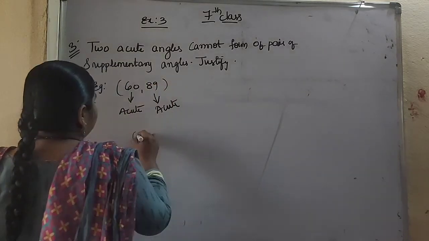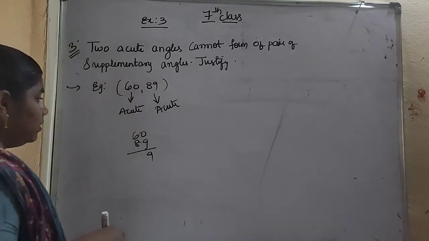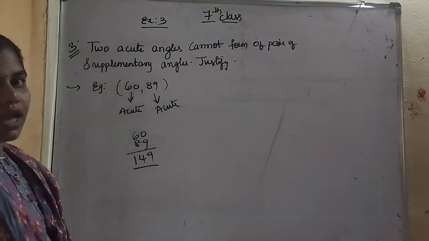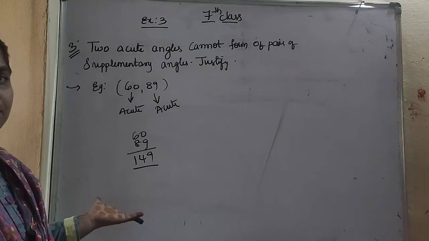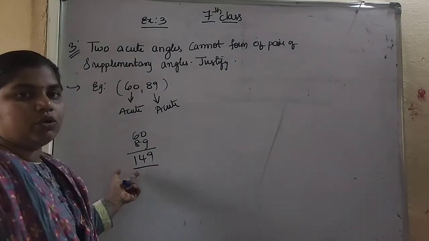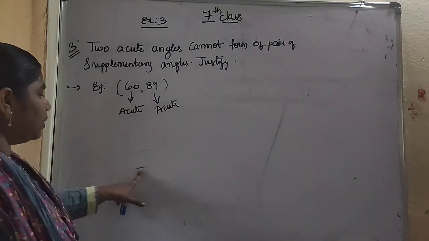If you add 60 plus 89, how much will you get? It is 149. What do we mean by supplementary? Supplementary means it should be equal to 180. But here you are getting only 149. So it will not form a supplementary angle.